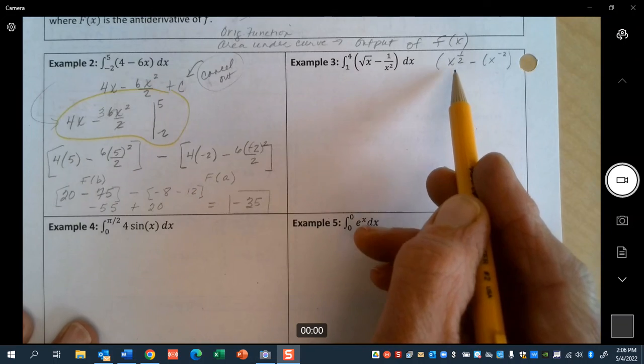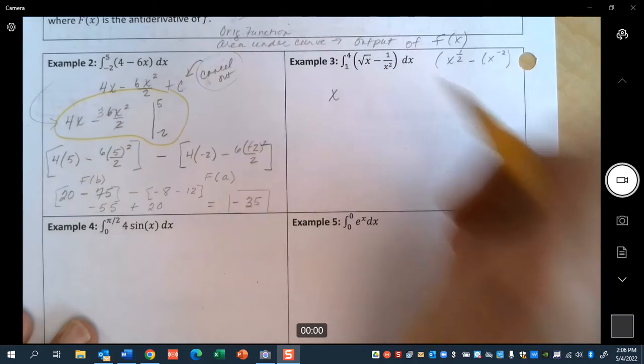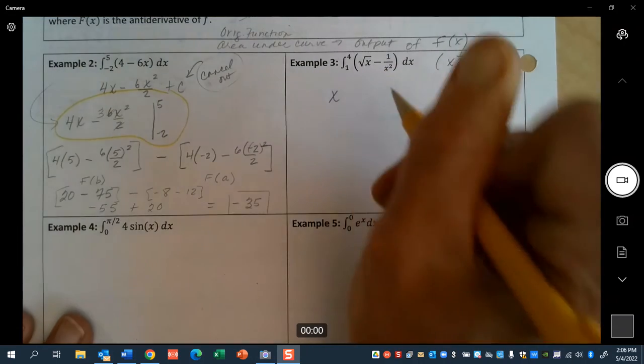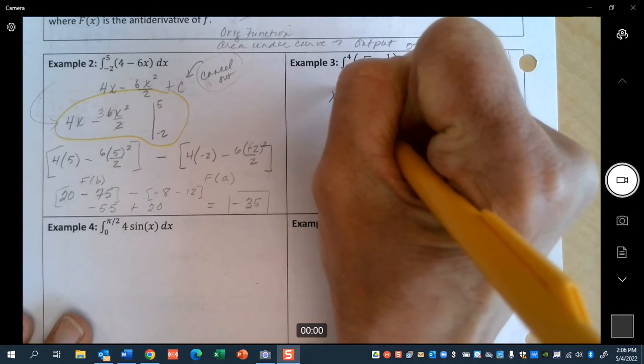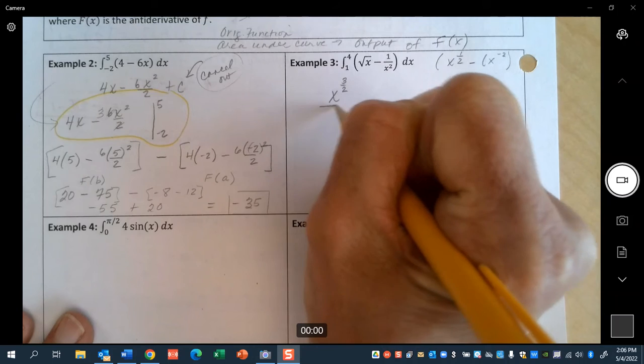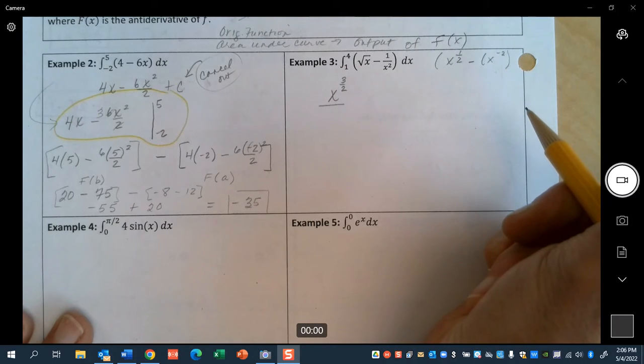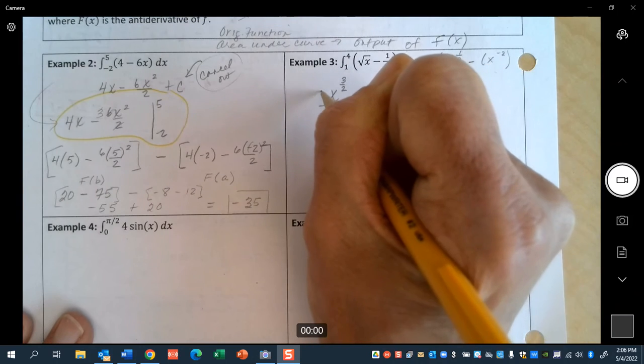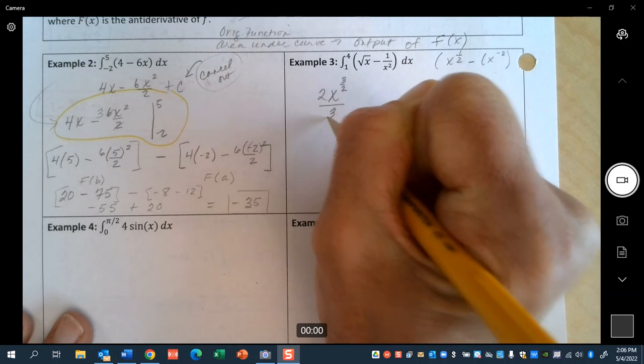Add 1 to the exponent. X becomes 3/2. Divide by the new exponent. Doesn't that put a 2 here and a 3 here?